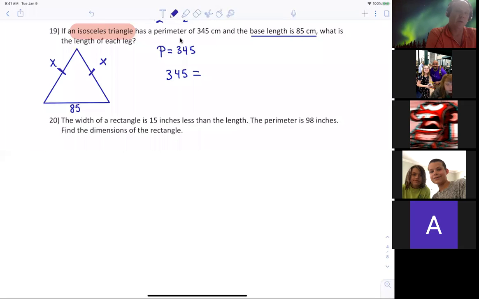What are the 2? 85 plus X plus X. Yes, very good. And of course, the X plus X is 2X. So we can write that as 345 is equal to 2X plus 85.